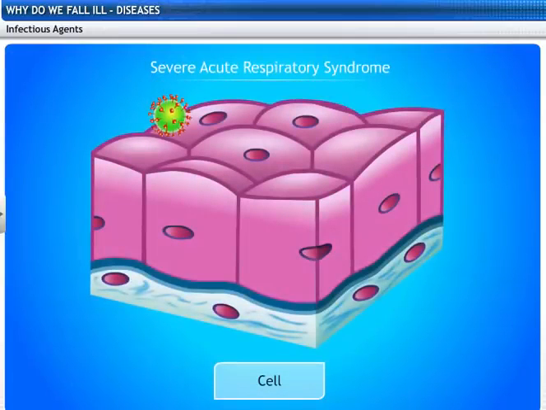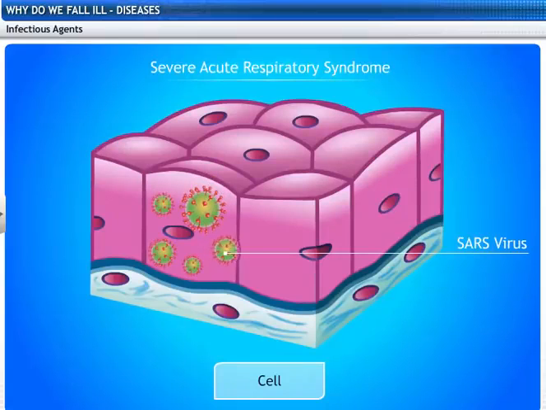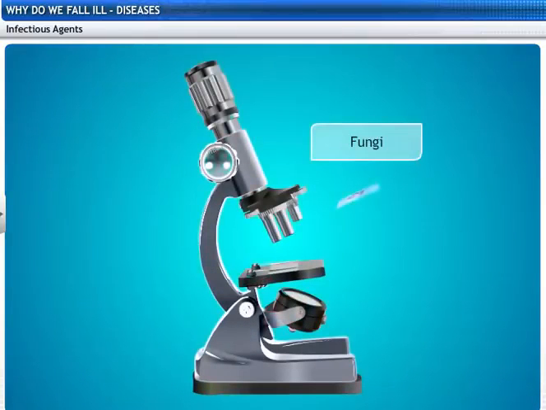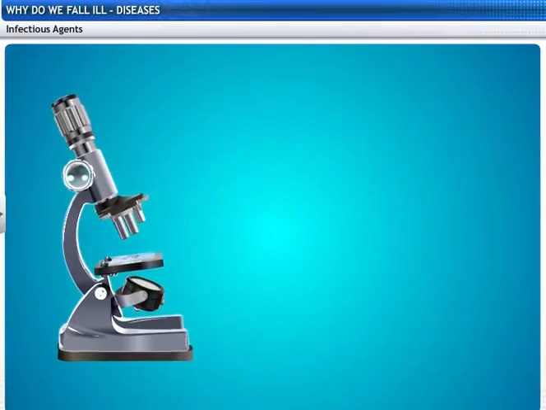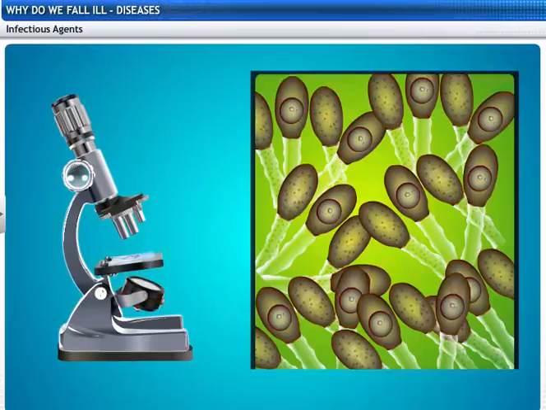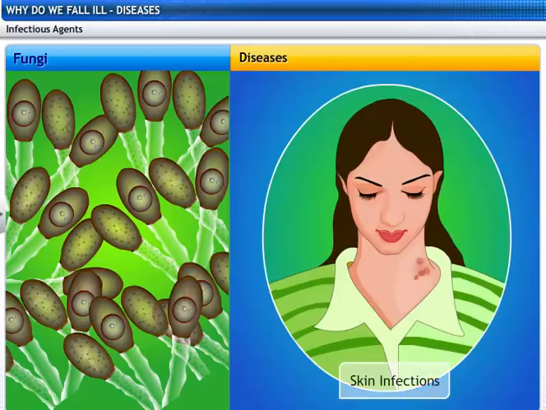Severe acute respiratory syndrome virus, or SARS virus, infects the human cell and releases new viruses that infect other cells nearby. Fungi are microscopic and multicellular organisms. Skin infections are commonly caused by fungi.